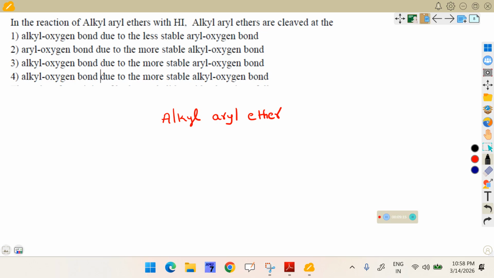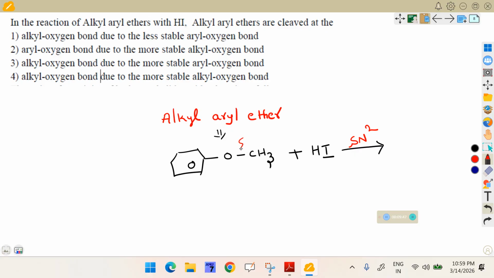The next question is, in the reaction of alkyl aryl ether with HI... take alkyl aryl ether, C6H5OCH3, reacts with HI. Alkyl aryl ethers react with HI following the SN2 pathway and break the bond between the alkyl group carbon atom and oxygen atom.